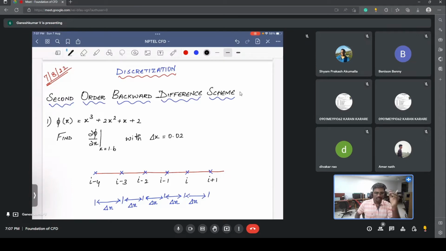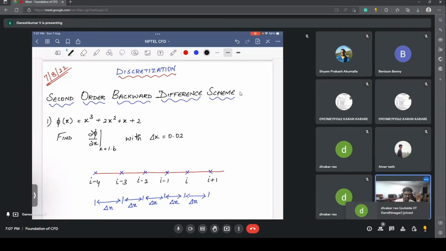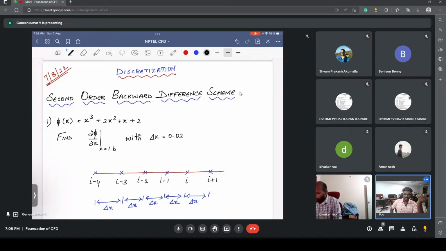One of your graded assignments is going to be this second order accurate backward difference scheme. We won't derive it in the same way, but I will give you a glimpse. Here the scheme would be a little bit different. You will come to know soon.